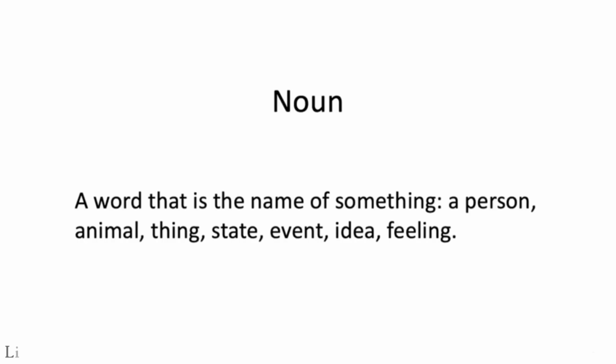Our first lesson today is about nouns. In English grammar, a noun is a word that is the name of something: a person, an animal, a thing, a state, an event, an idea, or a feeling.